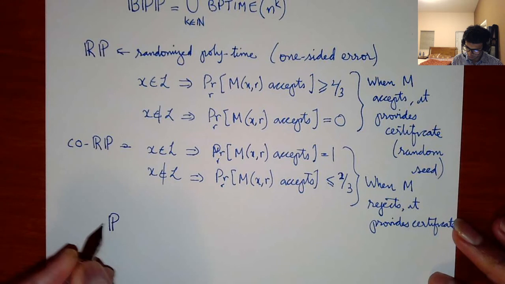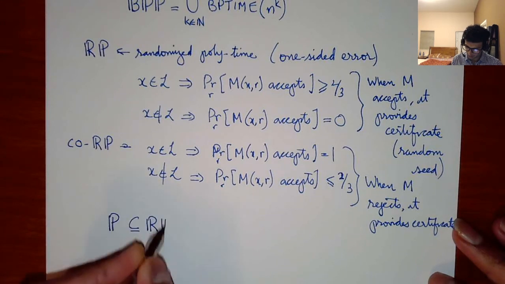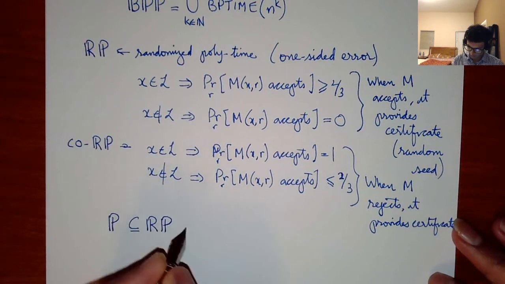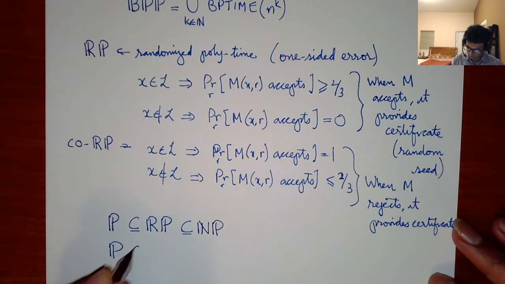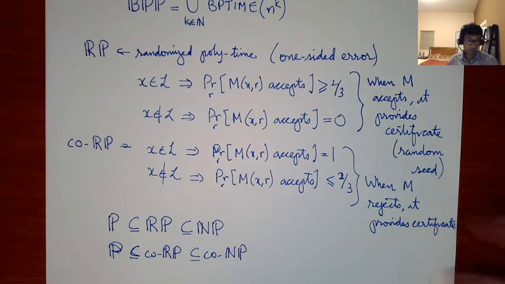So at this point, I'll just write down a few things. You know that P is certainly contained in RP, and RP is contained in NP, and P is also contained in co-RP, which is contained in co-NP. BPP is a lot more unclear, and we will come back to what's going on with BPP.